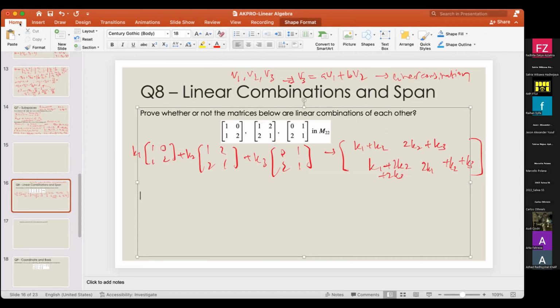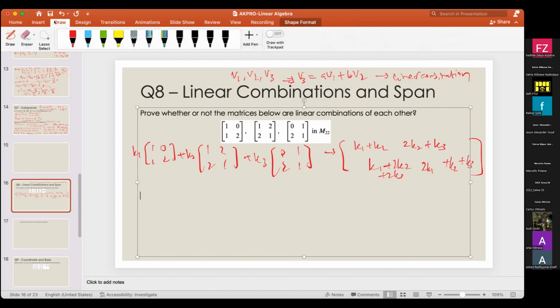To solve this, we need to find whether or not they are equivalent to 0.